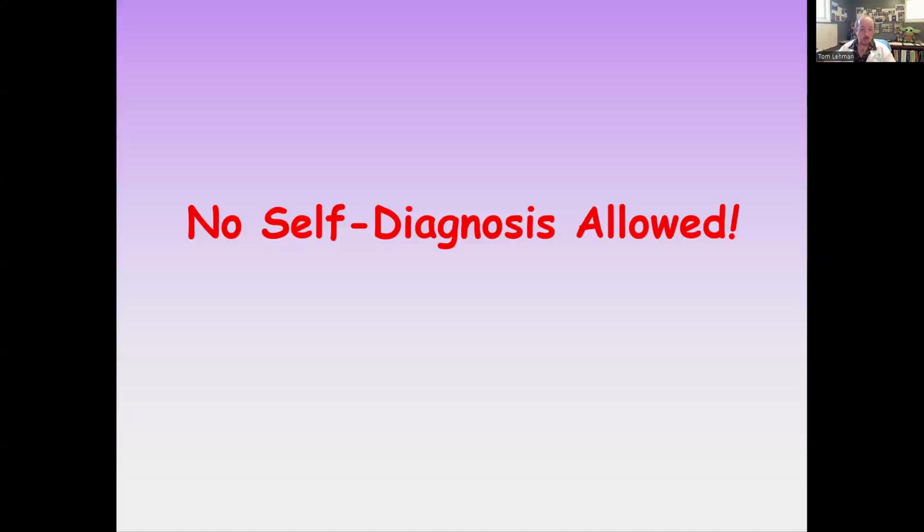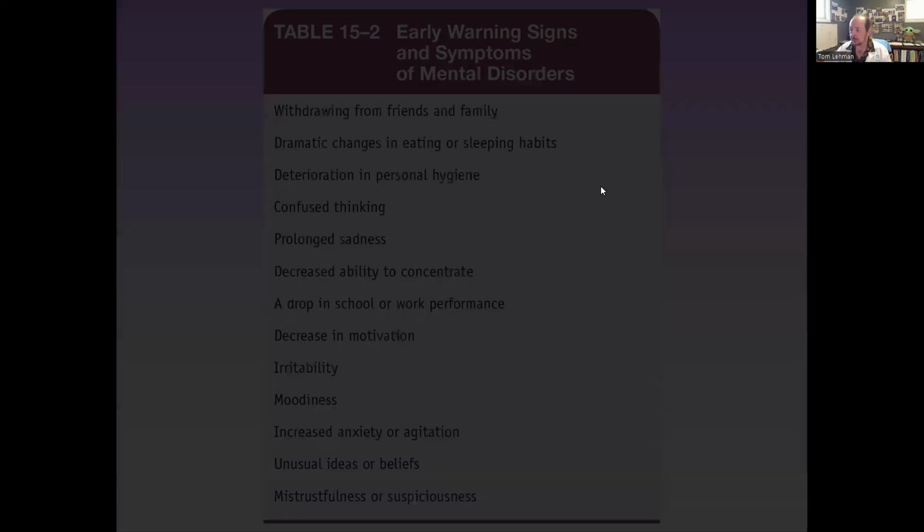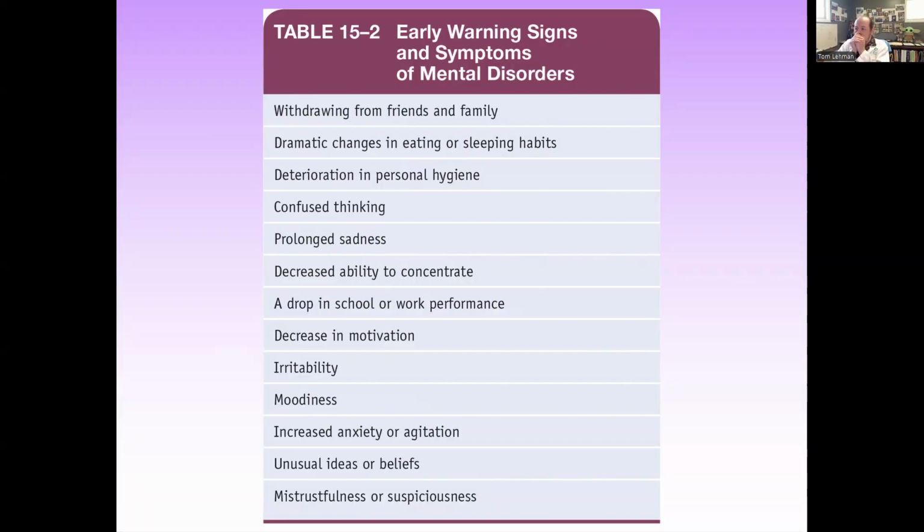Now, I always tell my students, no self-diagnosis allowed in this chapter. As you're reading through each of these different disorders, it'll tell you different signs and symptoms, and go back where it talks about these early warning signs and symptoms. You look at it and think, oh God, some of those apply to me. Bear in mind that little examples of some of these can be very common.